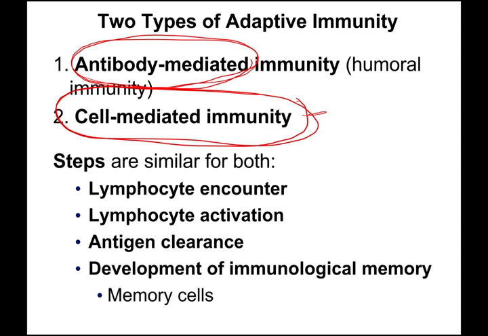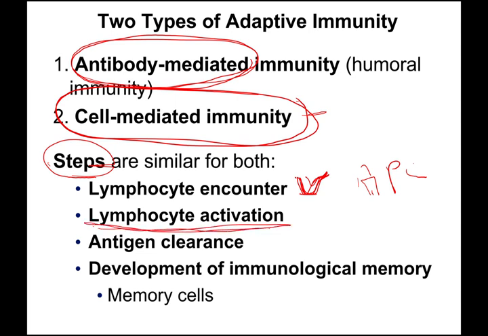Okay. Now, no matter what type you're talking about, the steps are similar. The first step is an encounter of the lymphocyte with the antigen carried by the pathogen. This is mediated by antigen presenting cells, or APCs. And then the lymphocyte gets activated, whether it's a B cell or a T cell.